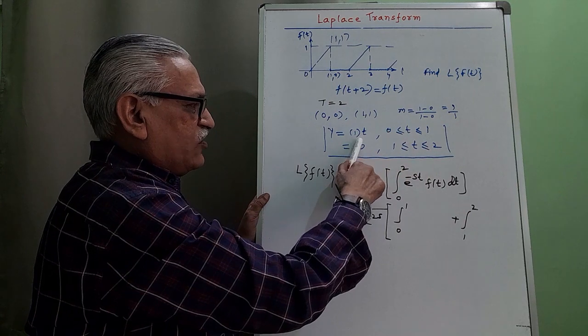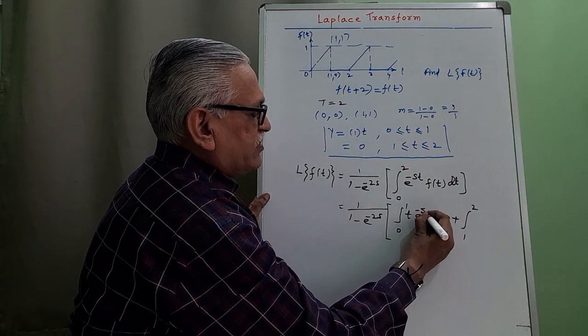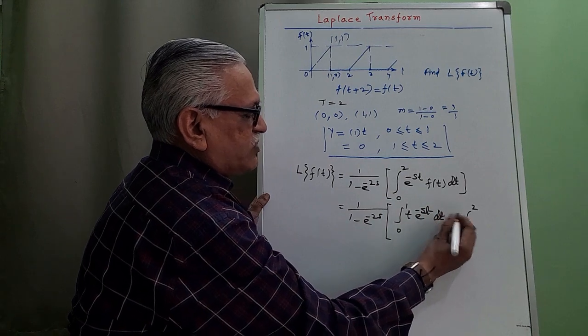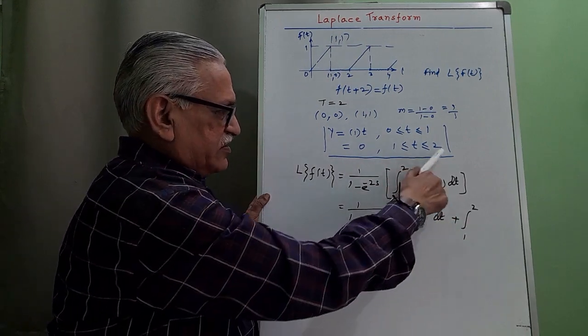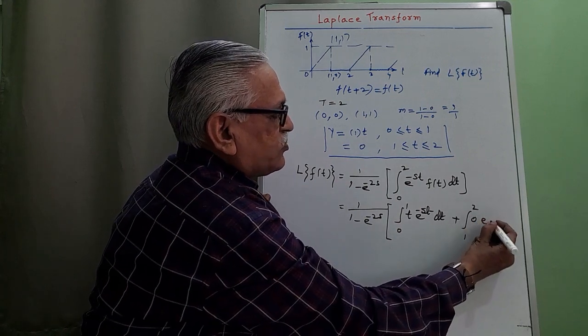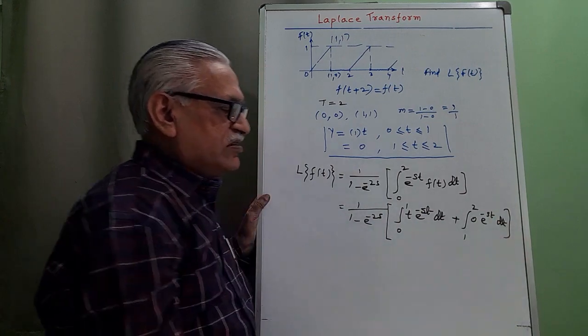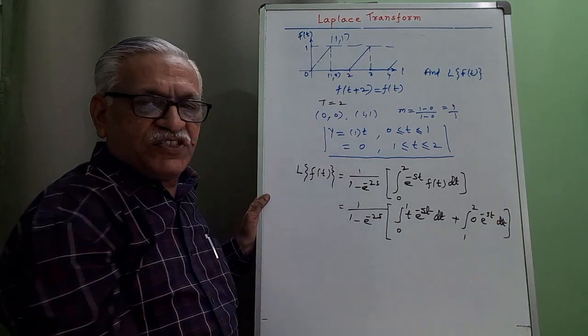Between 0 to 1, the value is t into e raised to minus st and its integration with respect to t. Second value is 0, therefore it is 0 into e raised to minus st. As this term is 0, this term becomes 0.